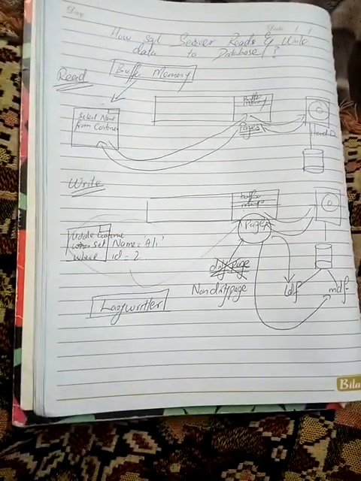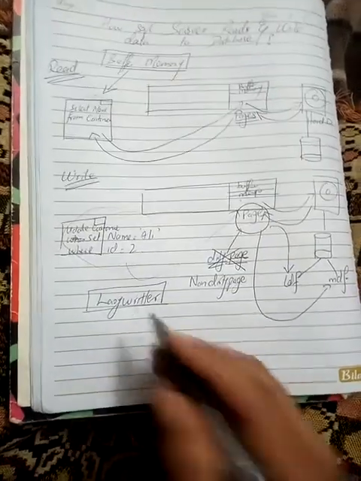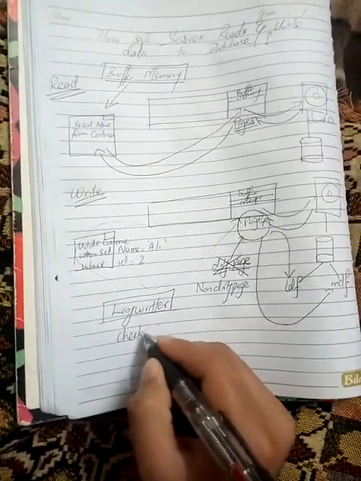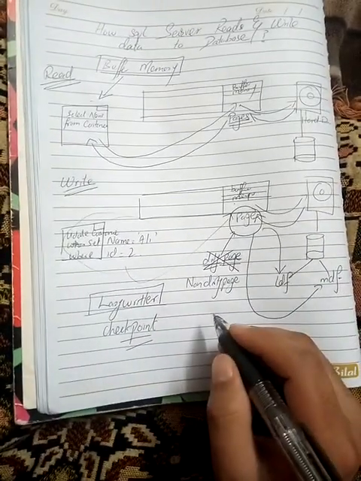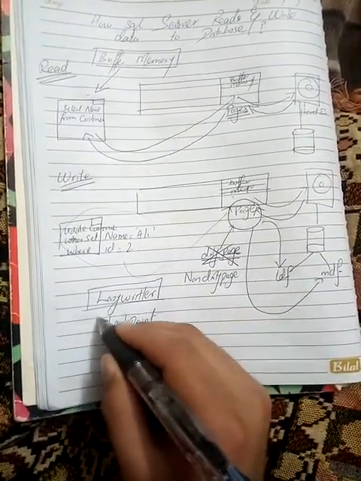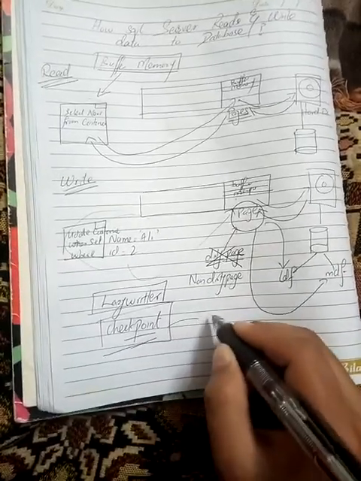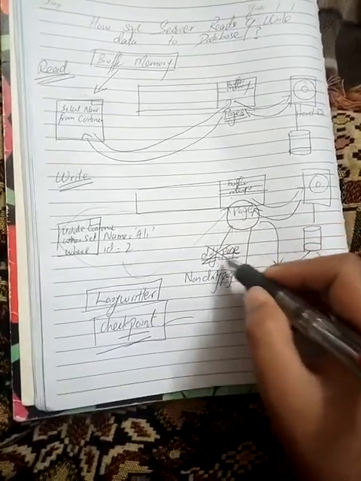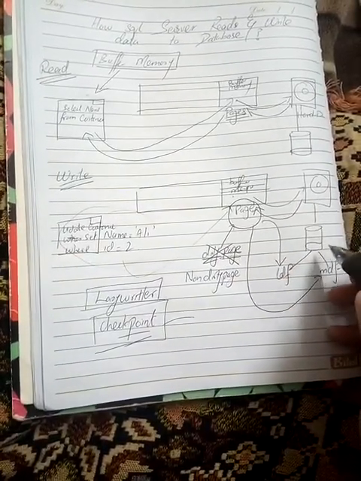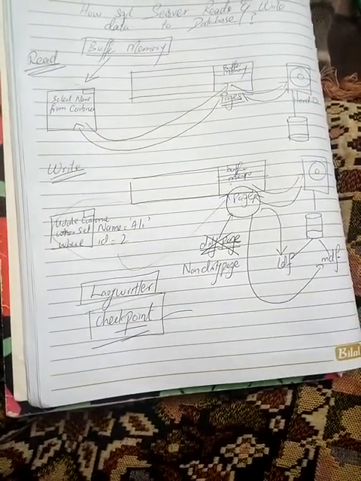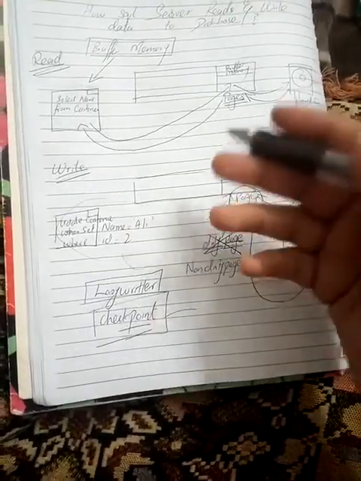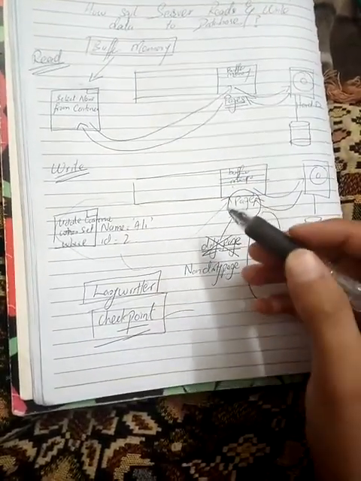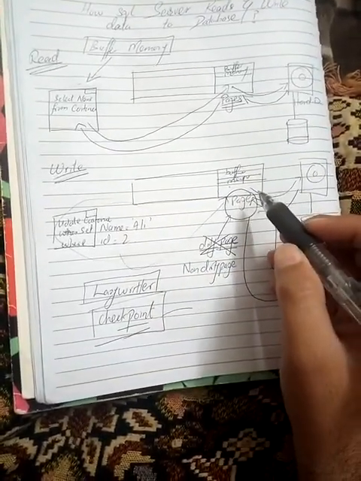Another thing here is called the checkpoint. Checkpoint is basically a concept which makes sure that the dirty pages are written frequently into the database. Let's suppose we have a large amount of RAM, and a huge amount of buffer memory.